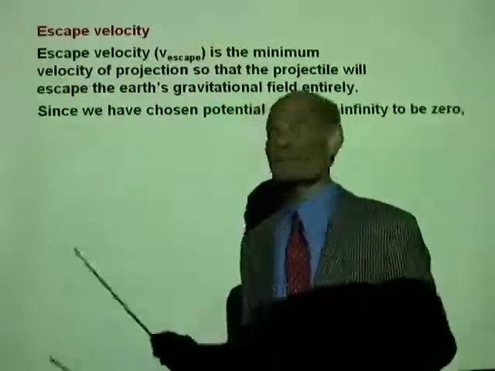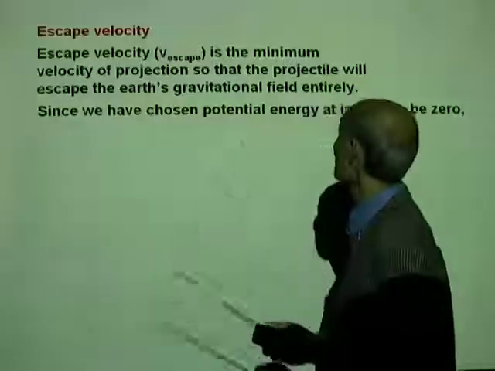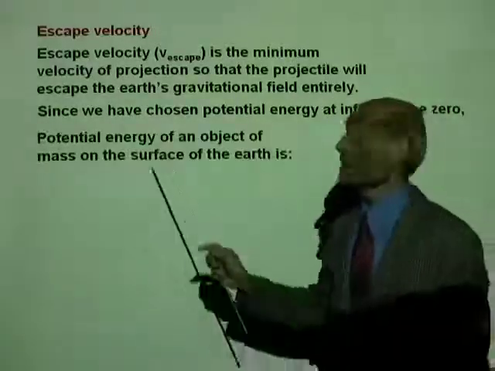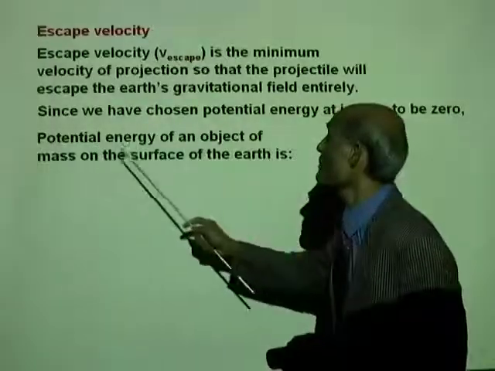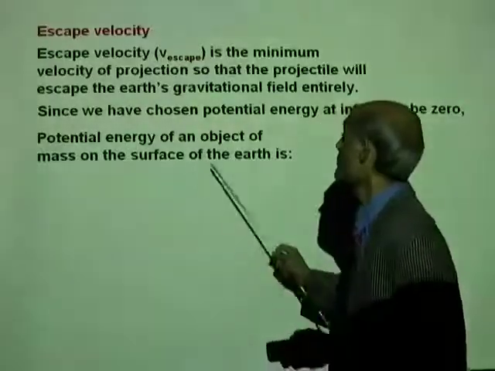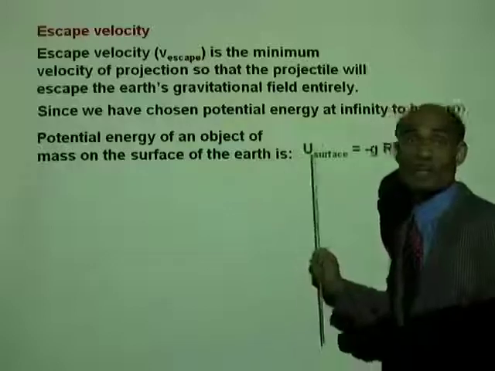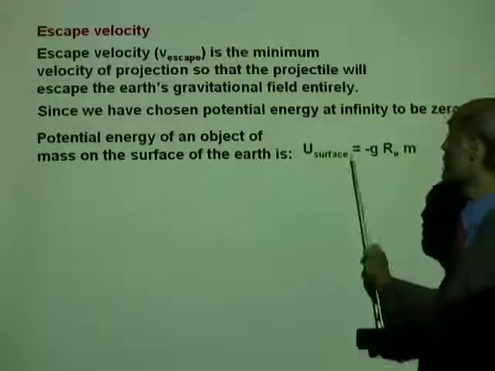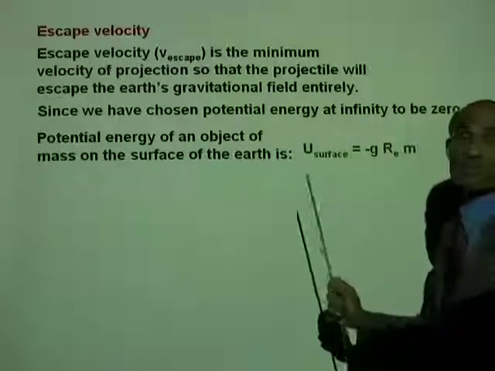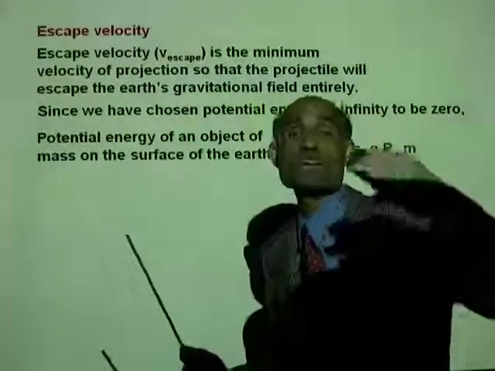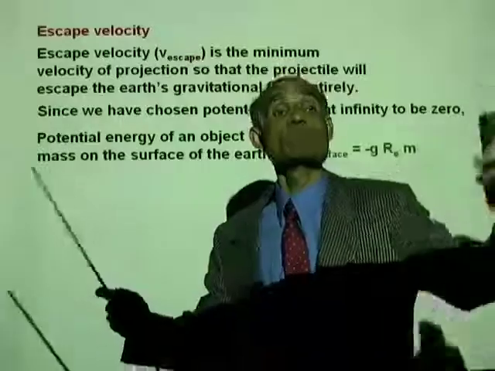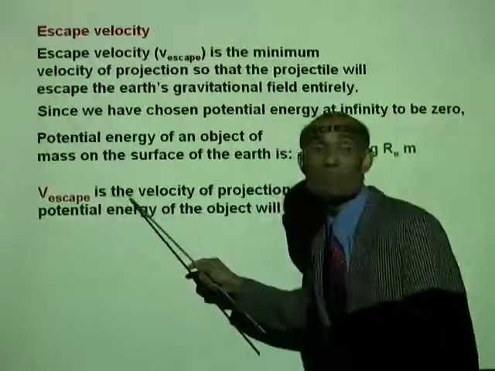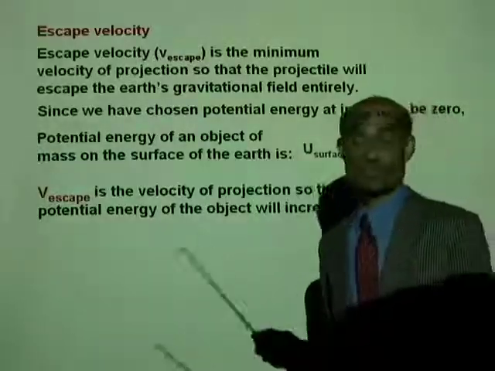That's the meaning there. Since we have chosen potential energy at infinity to be zero, the potential energy of an object of mass m on the surface of the Earth we know is this. This is the potential energy of an object on the surface of the Earth. The potential energy of the same object at infinity will be zero. Suppose v_escape is the velocity of projection.